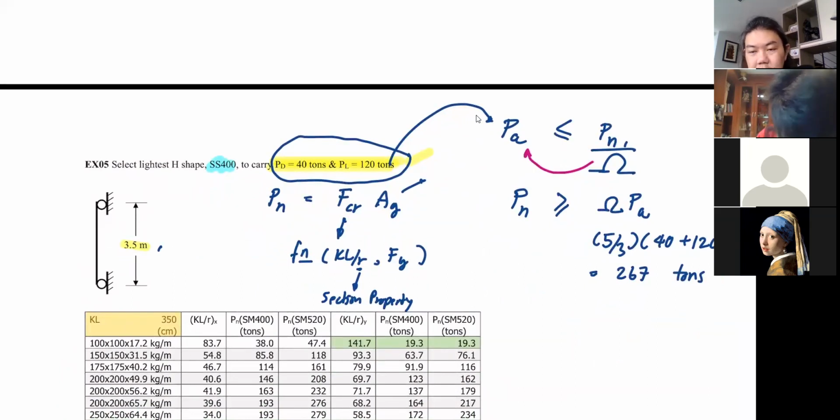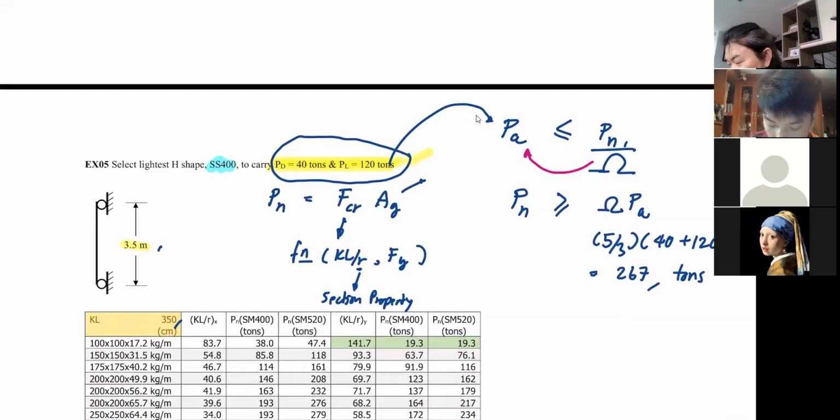So that means KL on both X and Y direction are equal. And when they are equal, automatically you would know that the Y axis is going to be the governing axis, right? Because RY is always smaller than RX. So KL over RY will be greater than KL over RX. So with this in mind, now we have the unbraced length, KL, we have the demand.